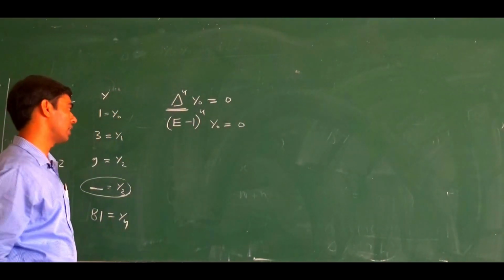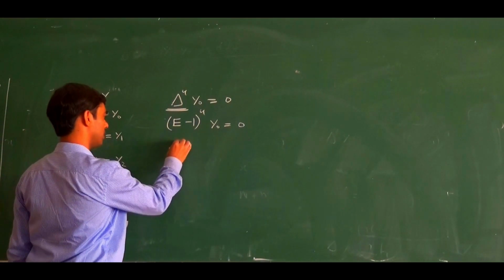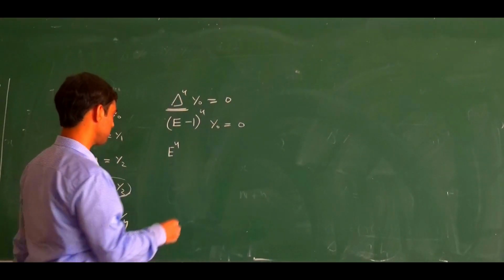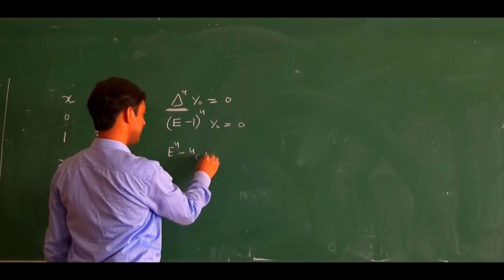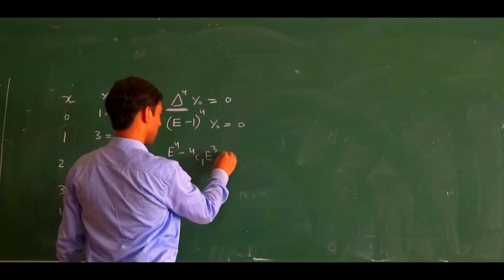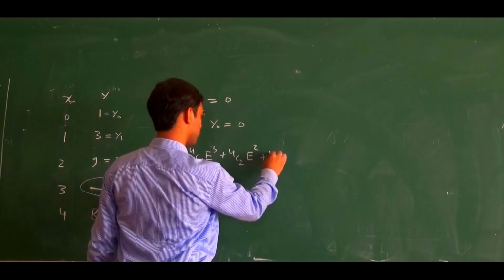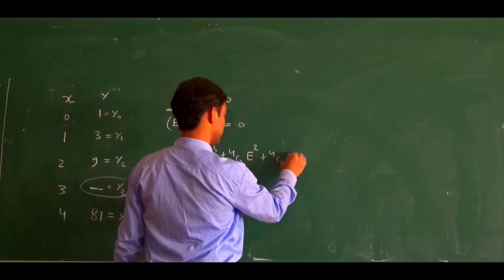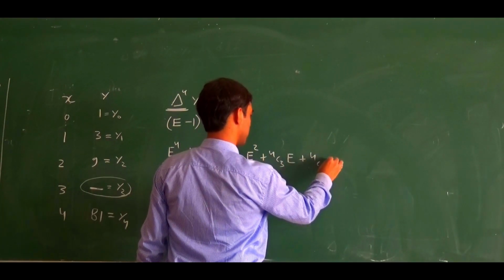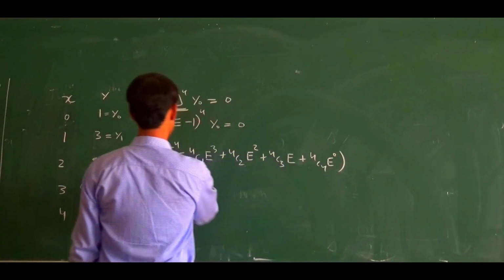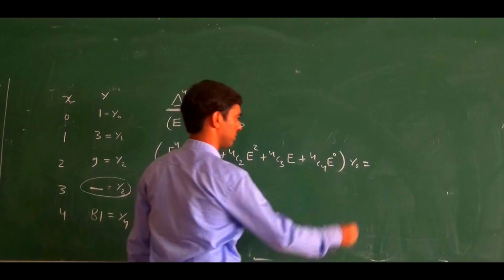If we expand this, we get E to the power 4 minus 4c1 E cube plus 4c2 E square minus 4c3 E plus 4c4 E0, applied to y0, equal to 0.